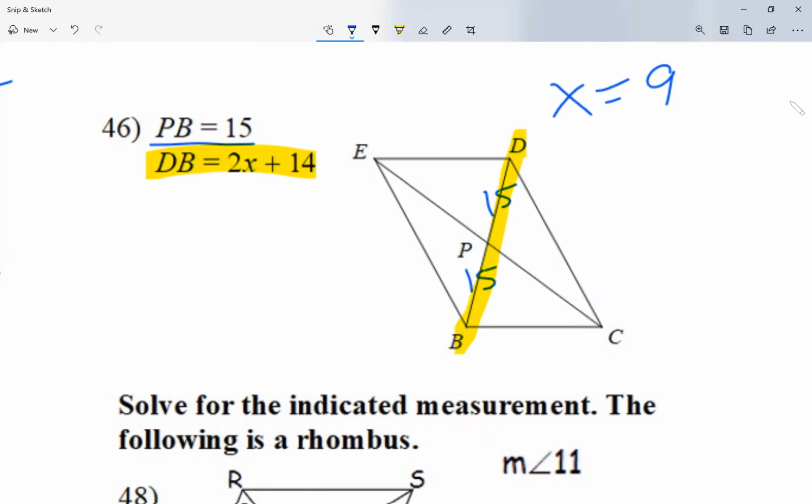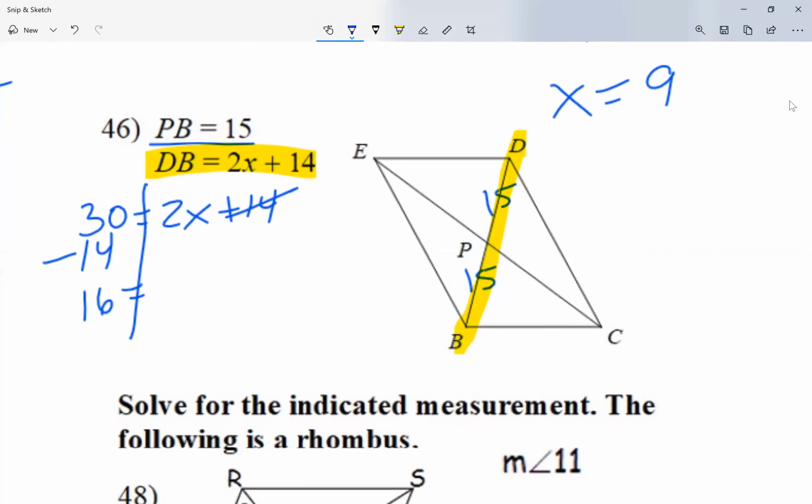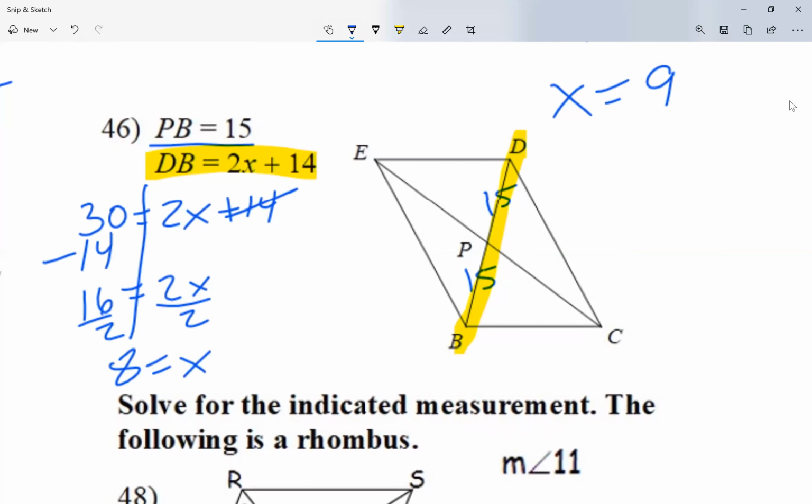So I'm just going to say 30. It's equal to 2x plus 14. Separate them to the equal sign. The plus 14, let me move it over as a minus 14. So I have that 16 is equal to 2x. Let's divide by 2. So I get 8. It's equal to x.